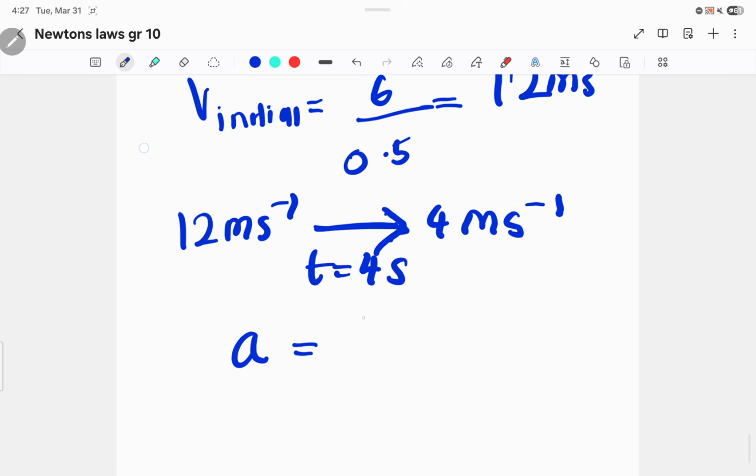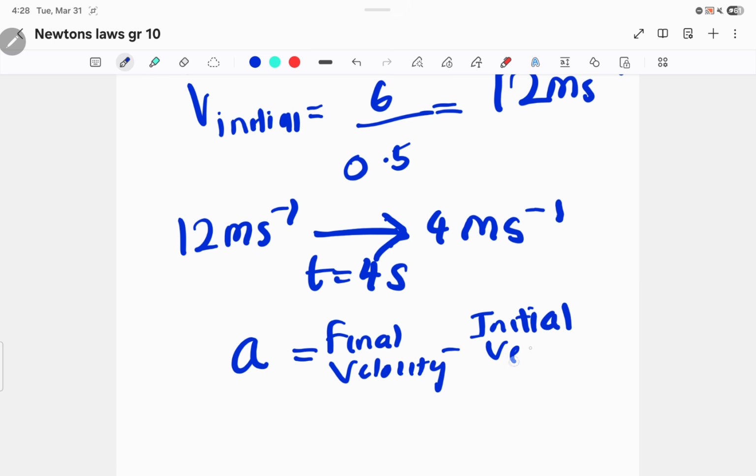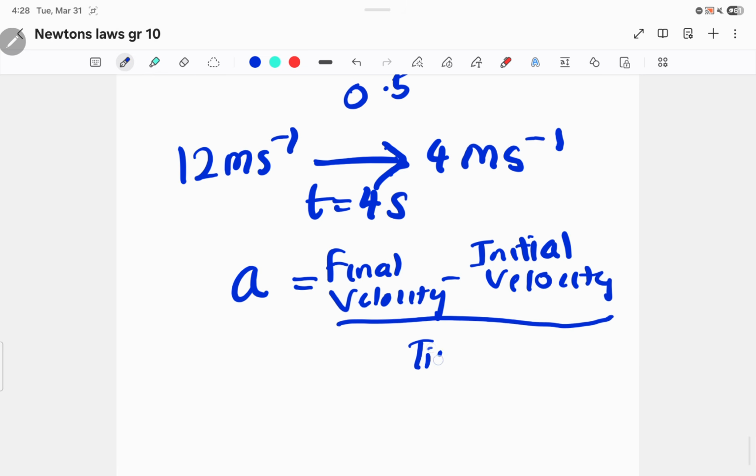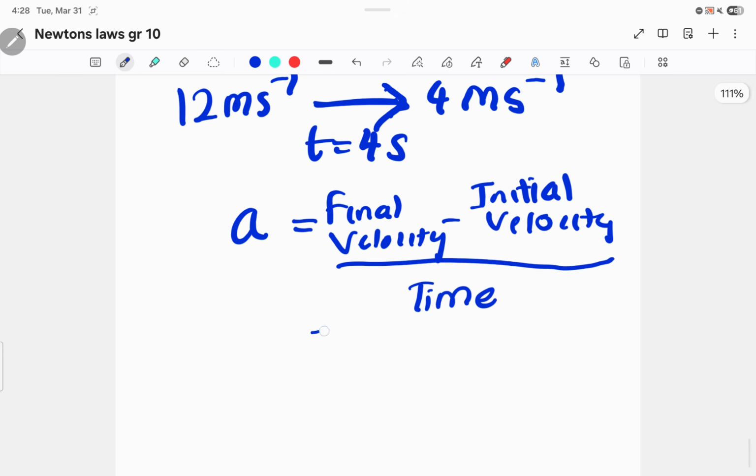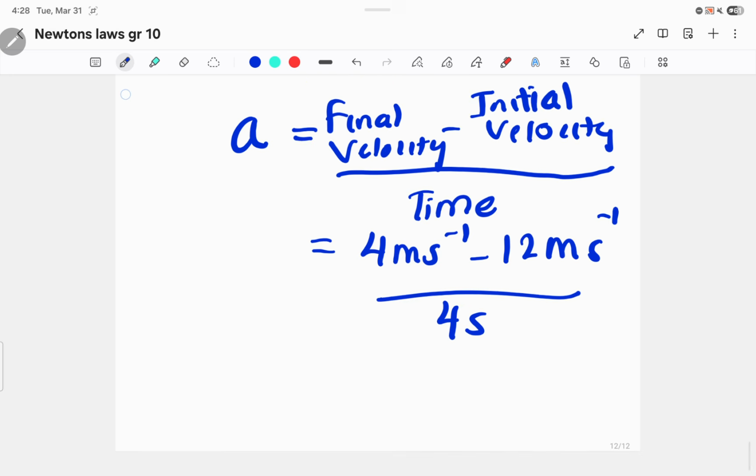Acceleration is final velocity minus initial velocity over time. What is the final velocity? 4. Initial velocity, 12. The time is 4 seconds.